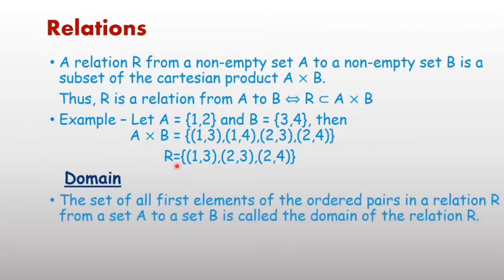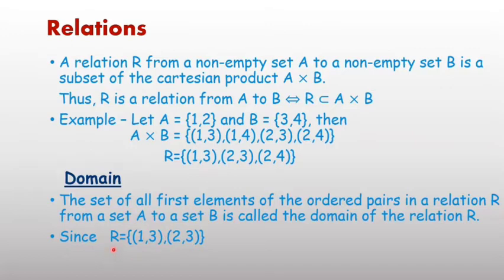Domain of a relation. The collection of first components of a relation is known as the domain of the relation. Here R is a subset of A cross B, and the collection of first components is 1, 2, 2. Since 2 is repeated 2 times, in case of a set you will not write the repetition, so you get the domain as {1, 2}.